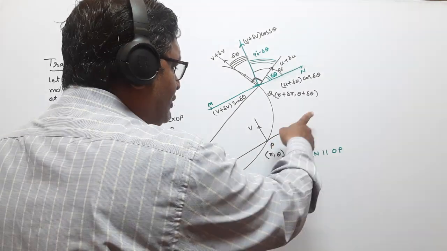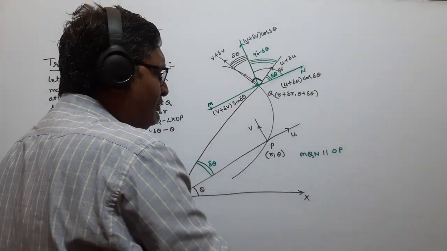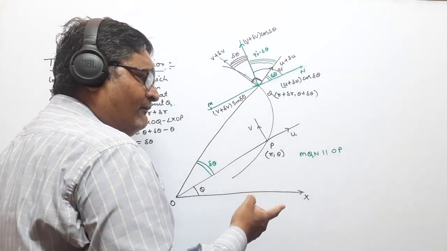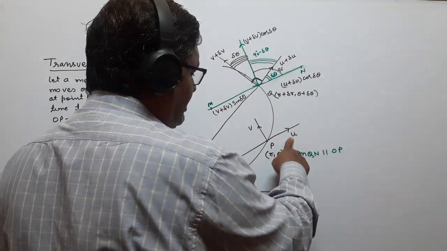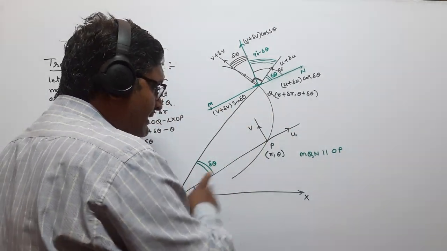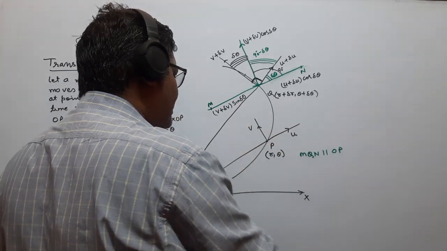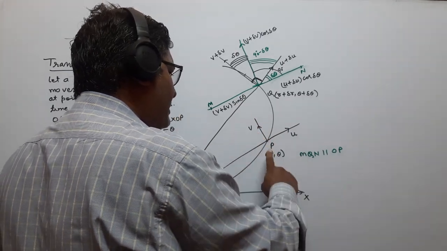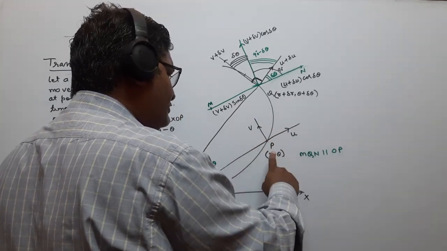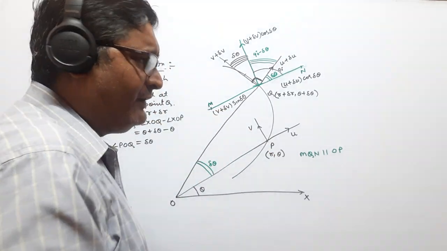We know that the velocity along the radius vector OP is called radial velocity, which is denoted by small u. And the velocity component which is perpendicular to the radius vector OP at point P is called transverse velocity, which is denoted by small v.